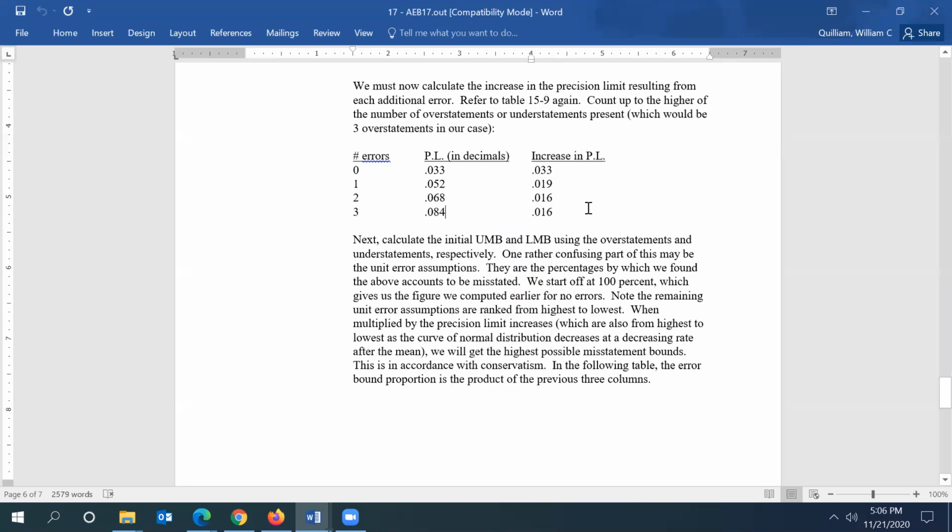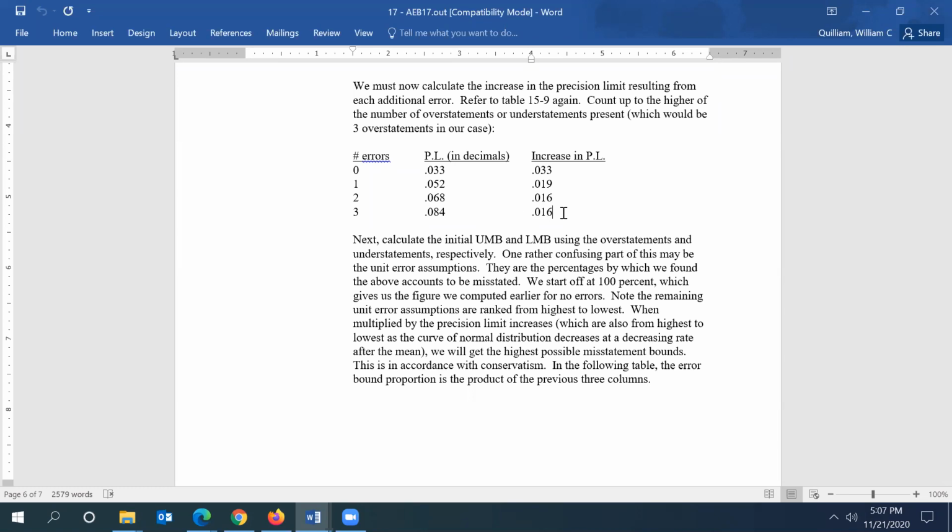Then error number 3. Precision limit is 0.084. That's an increase, again, of 1.6%. So these precision limits keep going up at a decreasing rate. Those precision limit increases are reflecting this upper tail of the normal distribution, the so-called bell curve, because it is decreasing at a decreasing rate.